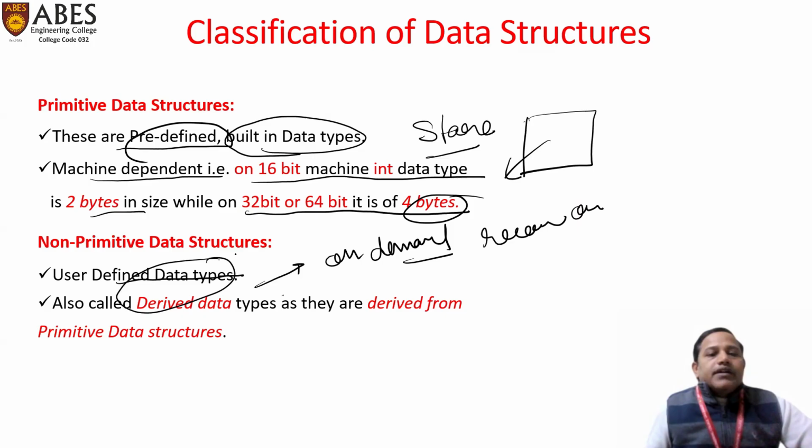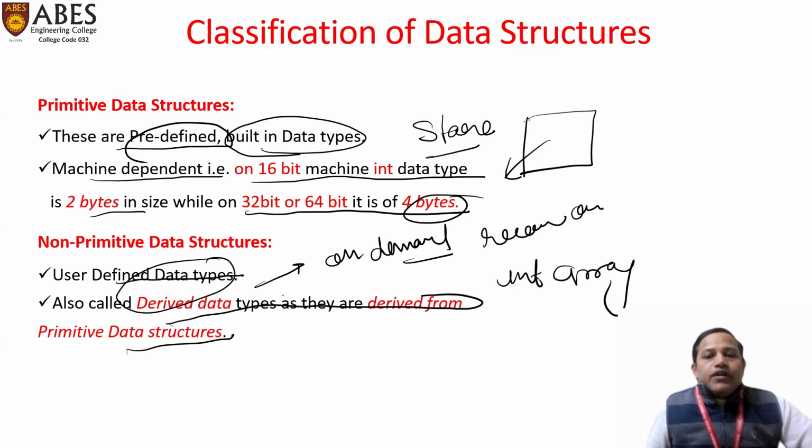And user defined data type is also derived with the help of primitive data types. Like if there is an array, then array is defined with the help of primitive data types like int, float, or character.